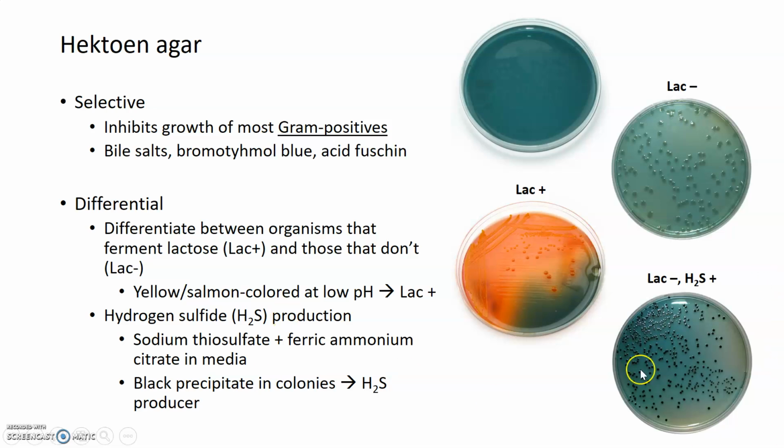When a bacterium can produce hydrogen sulfide, the colonies themselves are filled with this black precipitate, and that's how you distinguish between a hydrogen sulfide positive bacteria, which has black colonies, and one that is hydrogen sulfide negative, which would have greenish or bluish colonies.